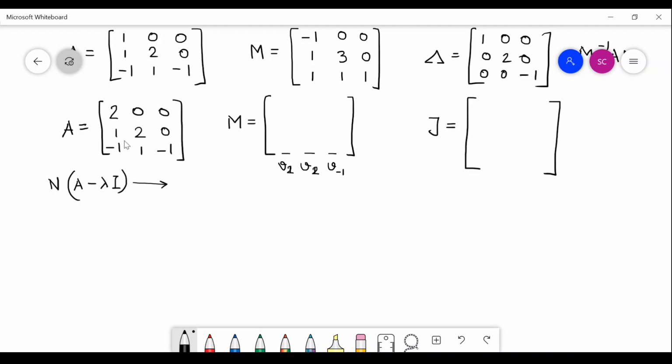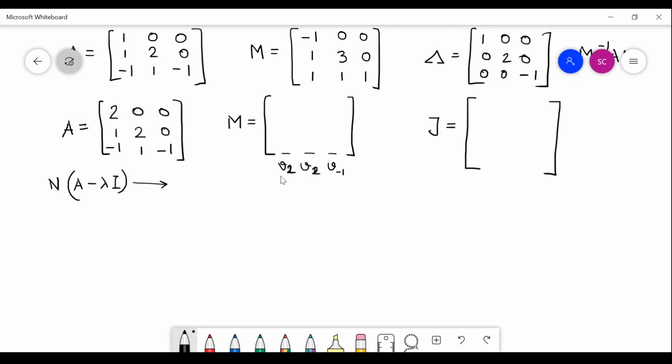The problem happens because of these equal eigenvalues. You are having the same eigenvectors, and hence the modal matrix that you will be able to form will not be invertible, and you will not get a diagonal form. So what to do in this case?